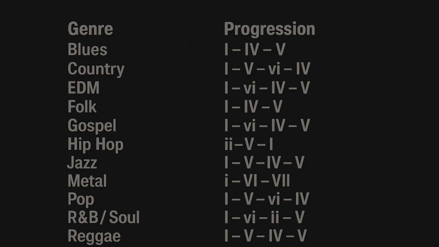I'm trying to do this from memory as I'm speaking and it's not working, but I'll put the graphic up that shows every genre of music has a different progression. Pop rock: 1, 5, 6, 4. How many songs do you know that sound like this?